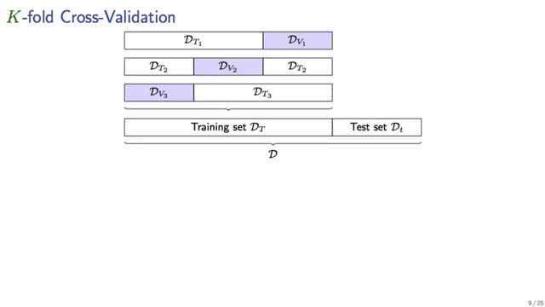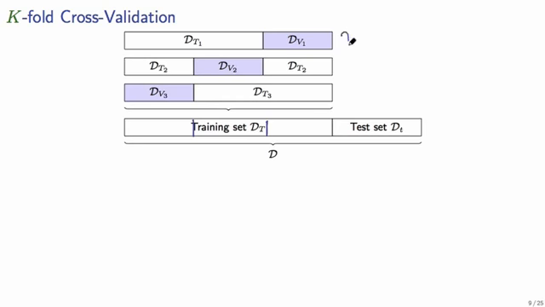In cross-validation, we split our training set into k equally large subsets, and then use k-1 of these subsets as our training data, and the remaining one as the validation data. There are k possibilities to choose which one of the subsets we use as a validation set, and that leads to k so-called folds for the cross-validation.